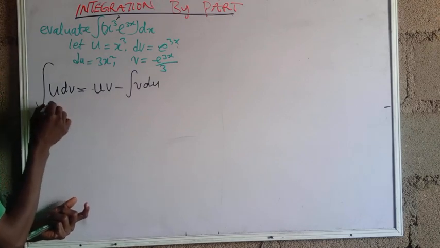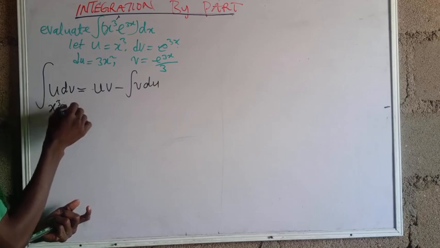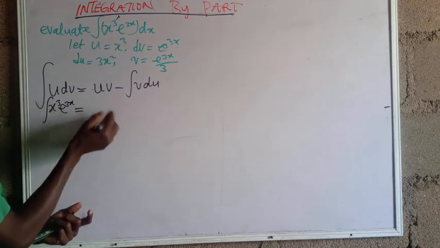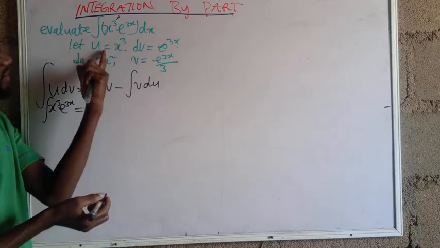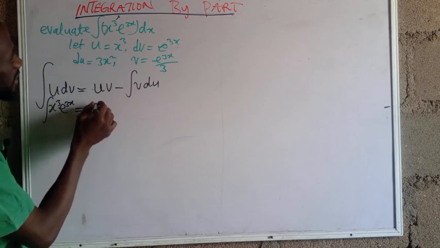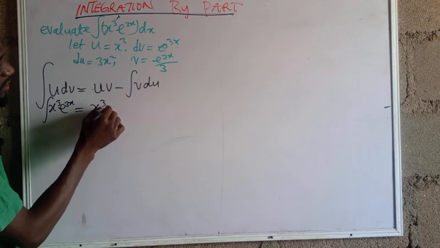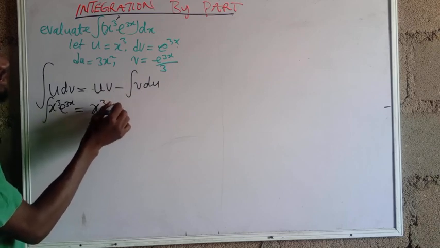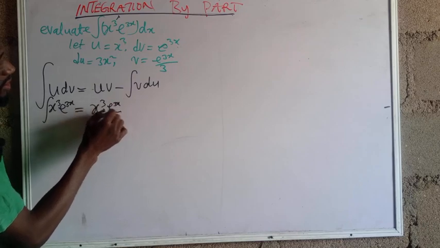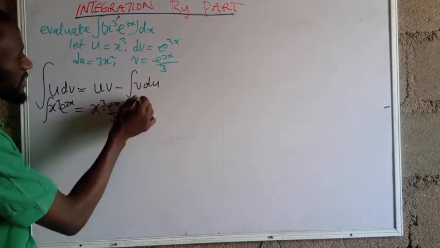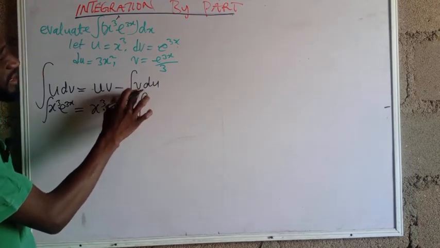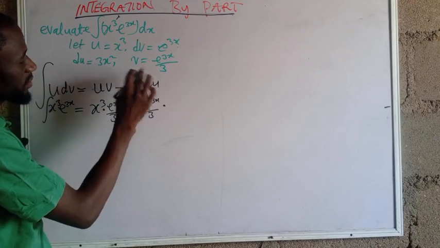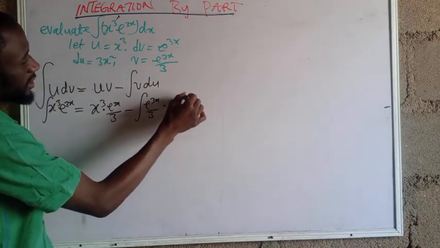We are going to have the integral of x cubed exponential 3x is equal to the u, you are going to take your original u given, which is x cubed, multiplied by the v you found here, which is exponential 3x all over 3, minus the integral of v du. For the integral, you take exponential 3x all over 3 multiplied by 3x squared.